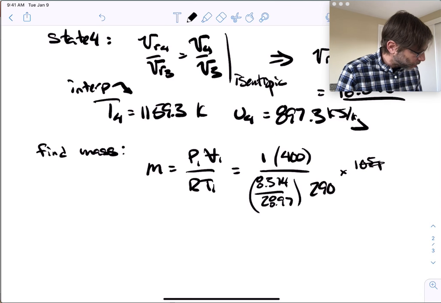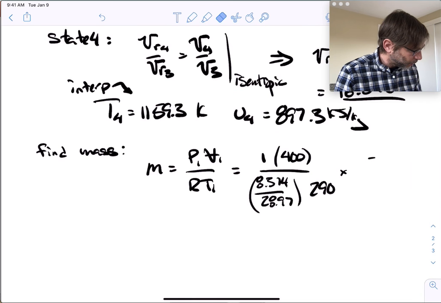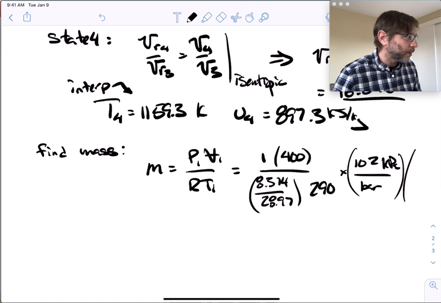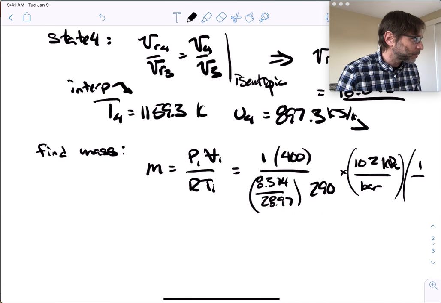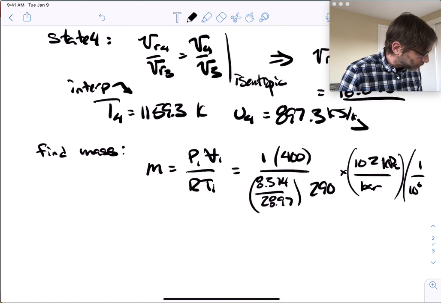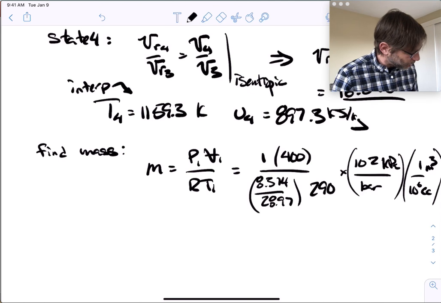Oops, it's 10 to the 2 kPa per bar unit conversion. And then there are 1,000 cubic centimeters in a liter, and 1,000 liters, so it's 1 times 10 to the 6 cc per meter cubed. So there's a 10 to the 6 in there.